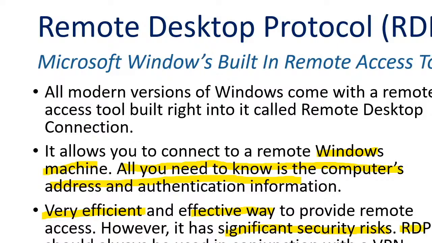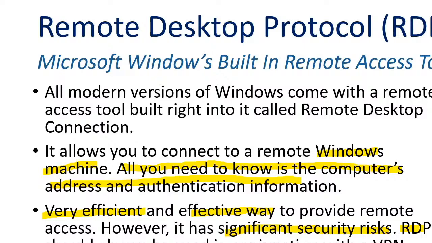If you're going to use RDP, you should always use it in conjunction with a VPN, meaning that you connect to your VPN first and then ultimately connect to your computer through RDP. This ensures that the traffic is encrypted and secured, and that we don't have to worry about somebody eavesdropping and snooping on our connection, and then being able to remotely connect to that machine.